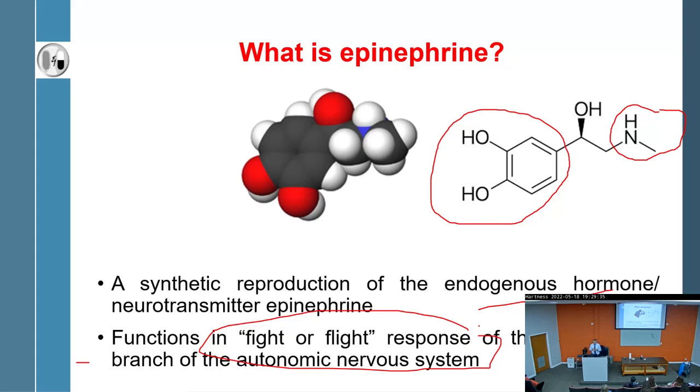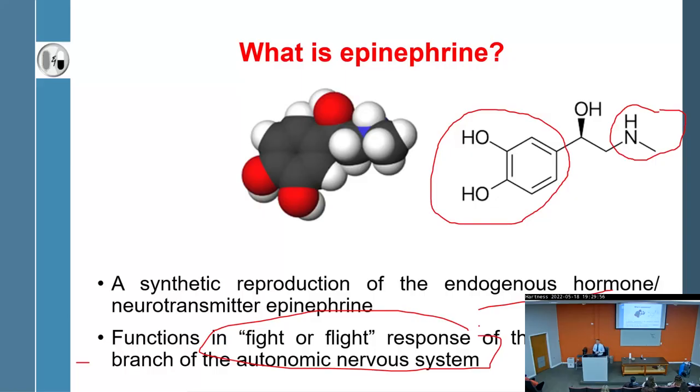Right? And you know that there are many functions that we don't control in the body. We don't control breathing normally, right? We don't think about that. Digestion, anything, heartbeat. We don't think about that. It's not voluntary.